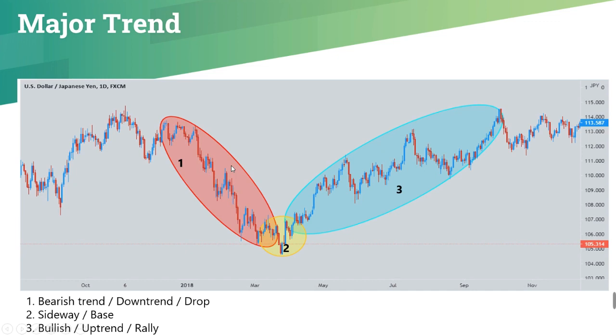But if you look at this small area over here, and if we focus on a smaller time frame, like M5 or M15, or even H1, what does it look like? It looks like an uptrend. All right, it looks like an uptrend. And you'll be talking to yourself, oh, the trend has changed. It has gone from downtrend to uptrend.